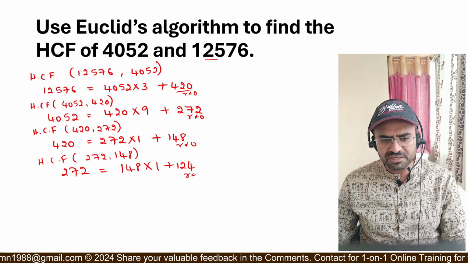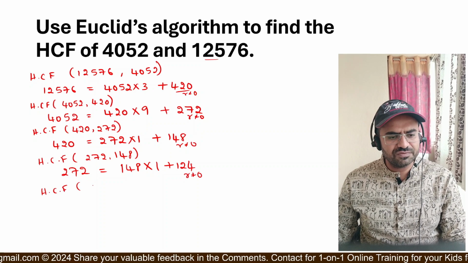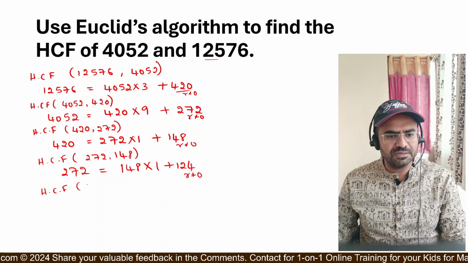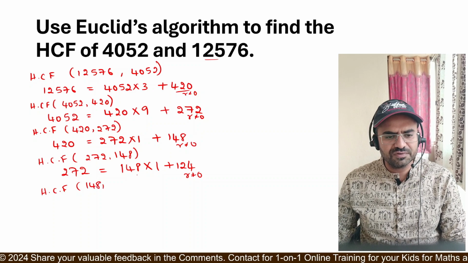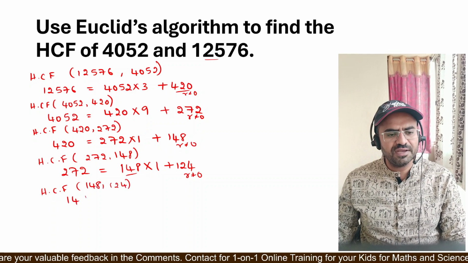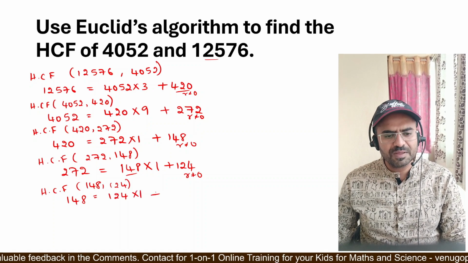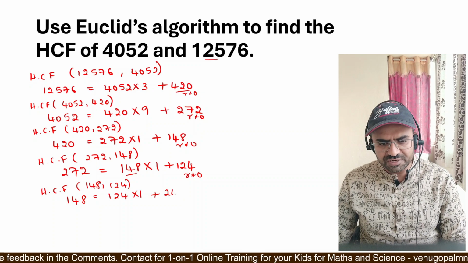And again R is not equal to 0. Then again let us find out the HCF using Euclid's division lemma or algorithm. HCF of 148 and 124, which would be 148 written in the form of 124 into 1 plus what would be the remainder at this stage? 24.